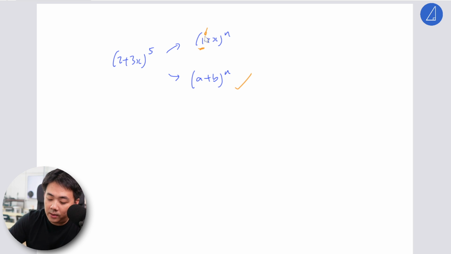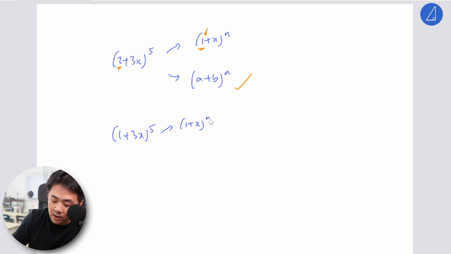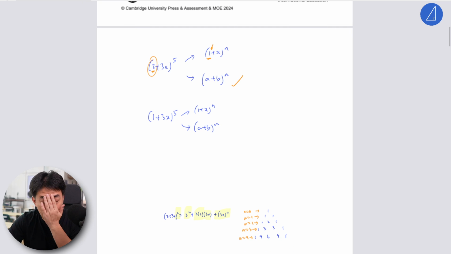Because for power series, I need to make this 1. So you don't use power series here, but if I've got (1 plus 3x) to the power of 5, then this is 1 plus x, so I can use either one because both will give me the same thing. So it all hinges on the number in front, which is 2.